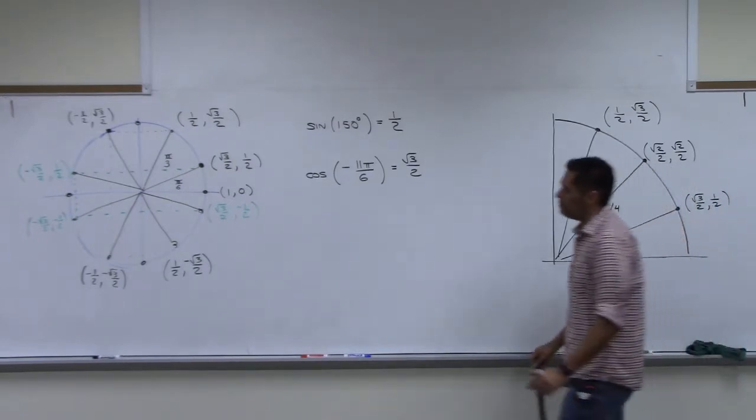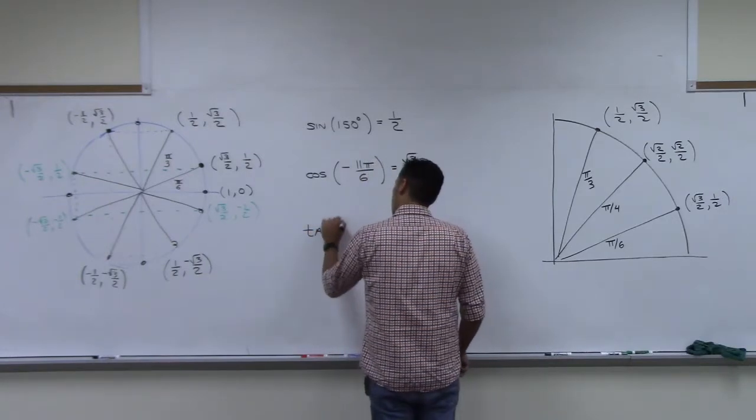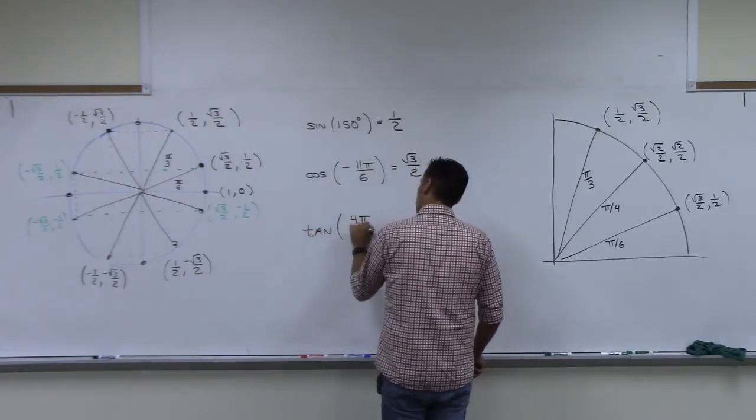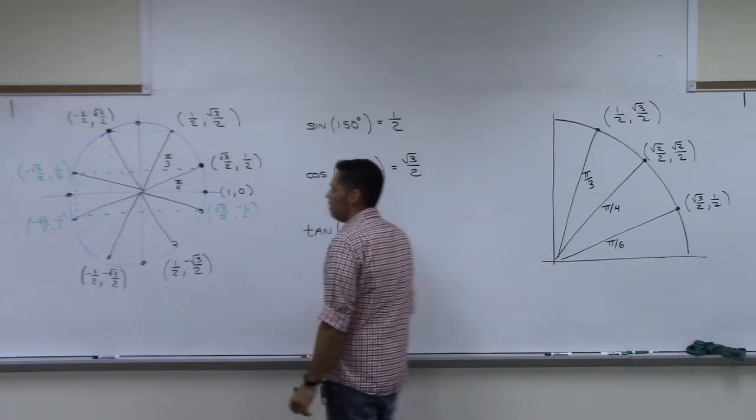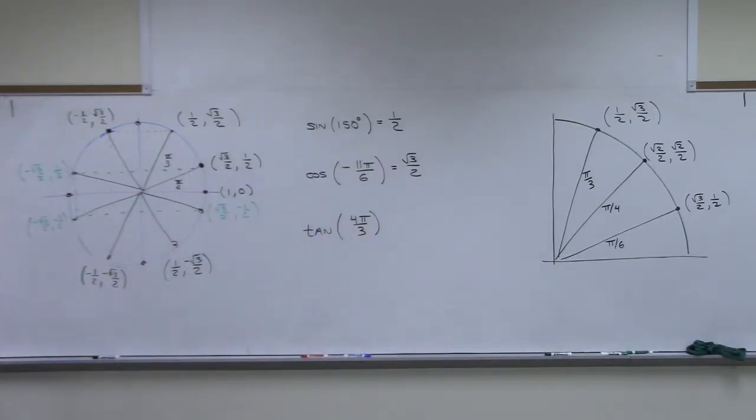How about tangent of 4 pi over 3? Where is 4 pi over 3?